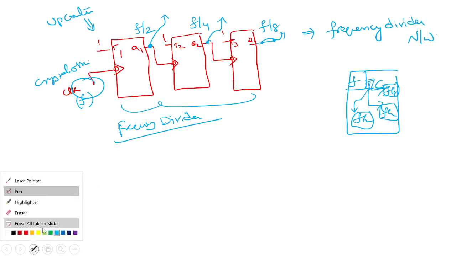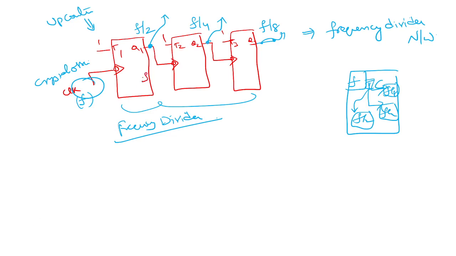If you want to generalize it, this is F by 2, this is F by 2 power 2, this is F by 2 power 3. Suppose I have an n-bit counter. See, it is a 3-bit up counter. You have F as the input clock frequency. You have F by 2 power 1, F by 2 power 2, F by 2 power 3.